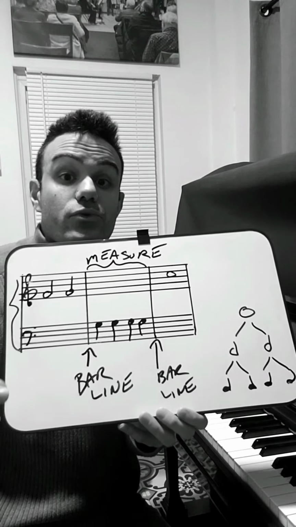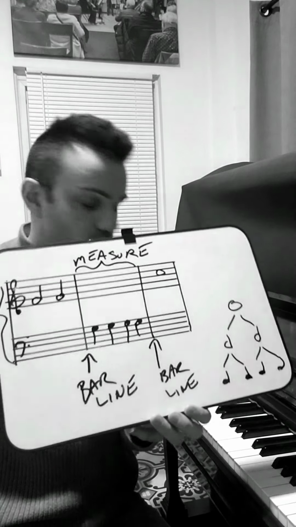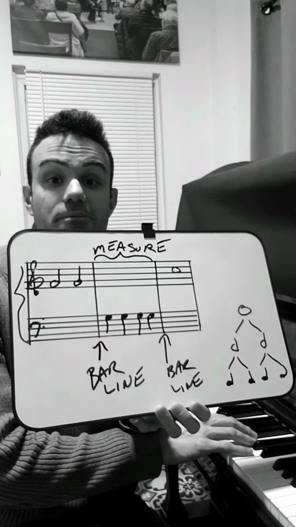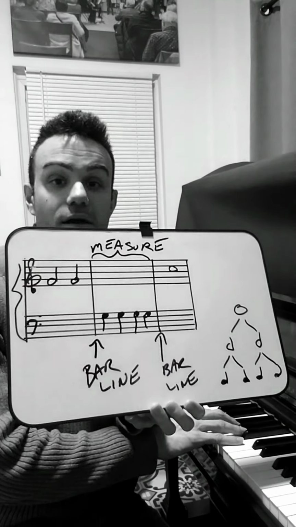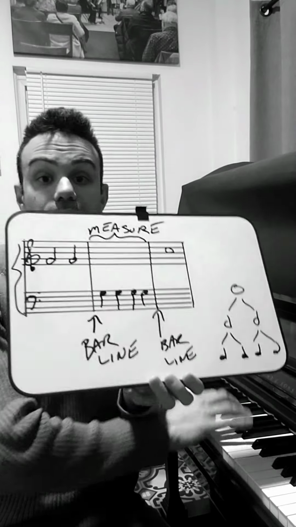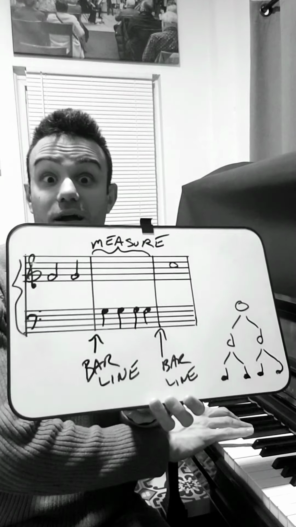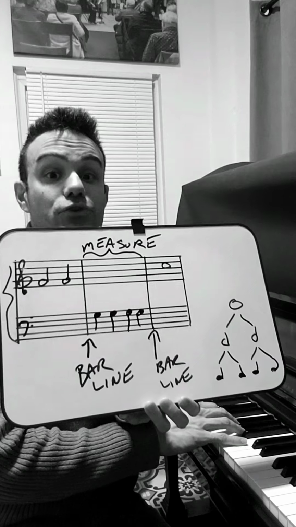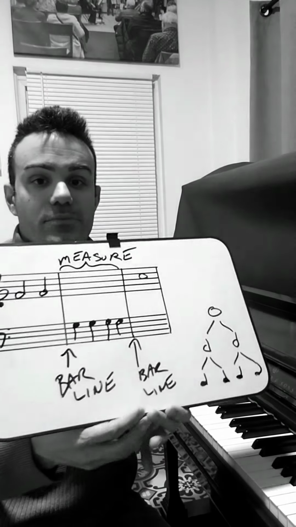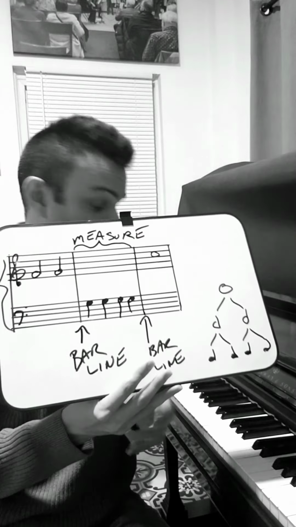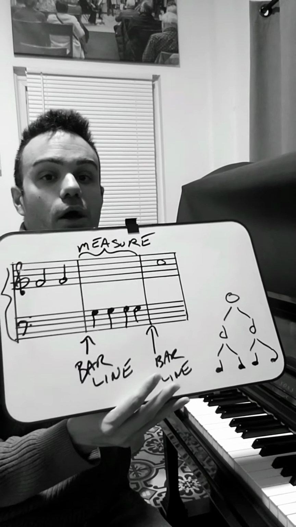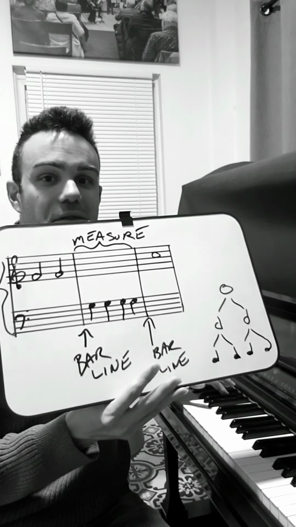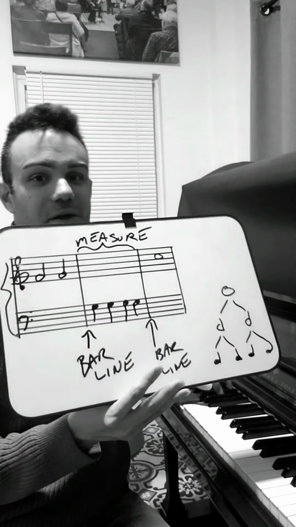1, 2, 3, 4. So if I were to play them on the piano, for example, your first measure, you have 1, 2. So that's 1, 2, 1, 2, right? You're holding it for a count of 2. Now, the second measure, we have quarter notes. Don't forget, held for a count of 1. 1, right?